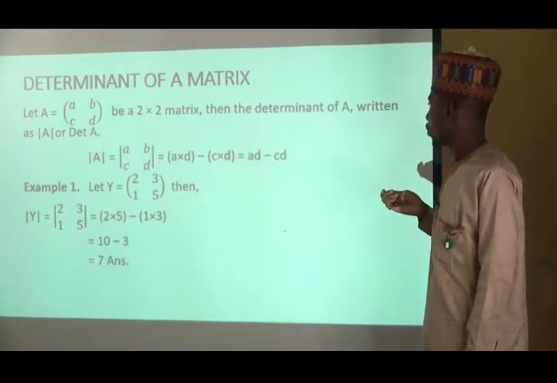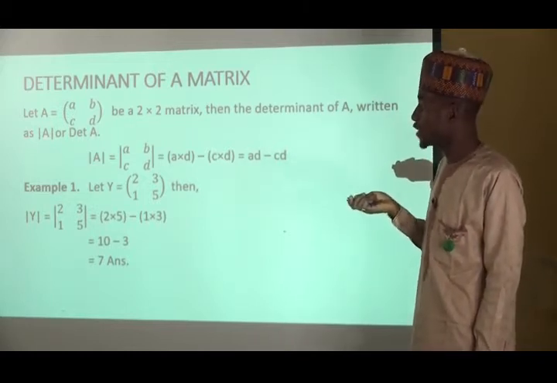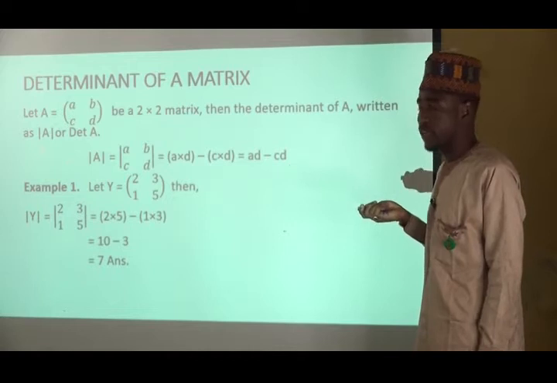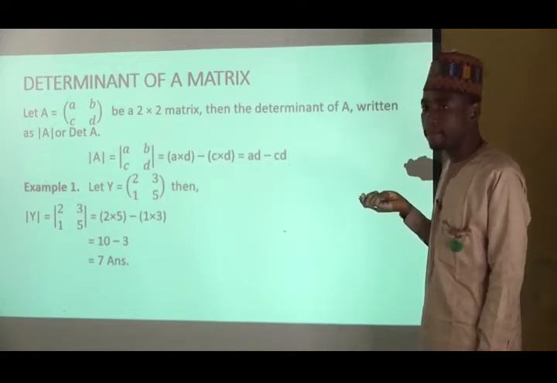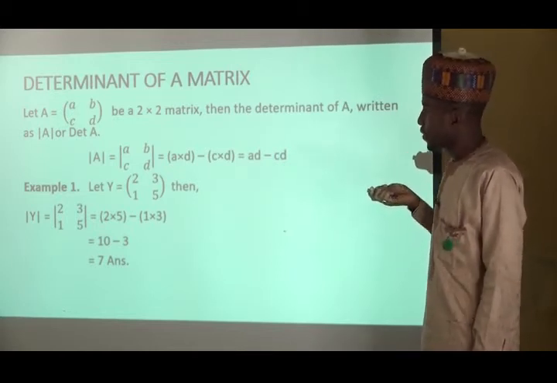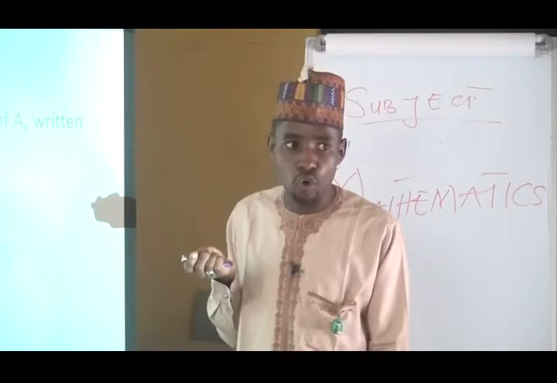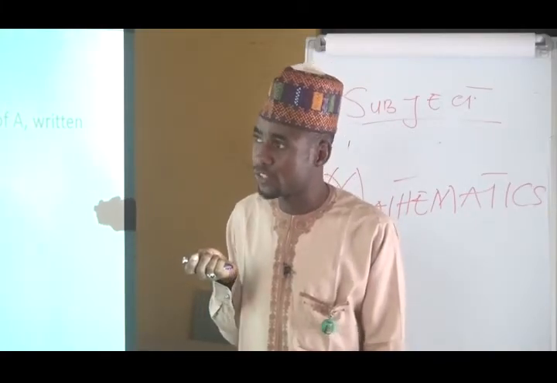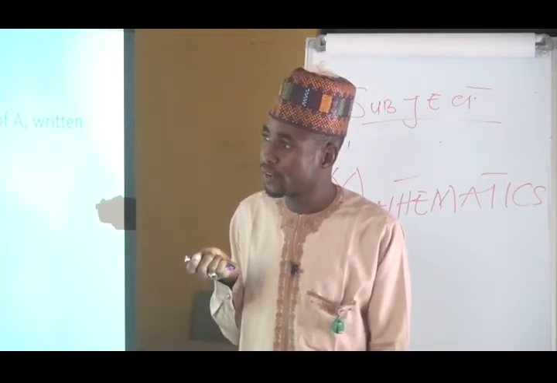Then the determinant of A, written as determinant A or det A, is obtained if you multiply the first number in the first row of matrix A times the second number in the second row, that is a times d, minus c times b.